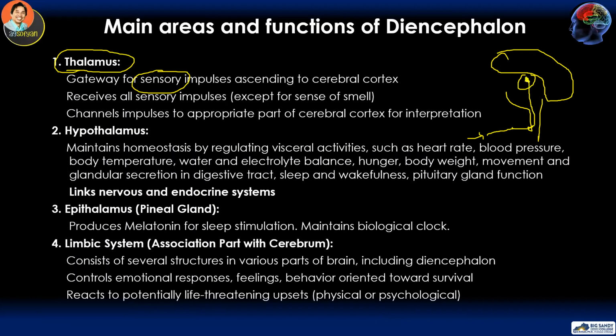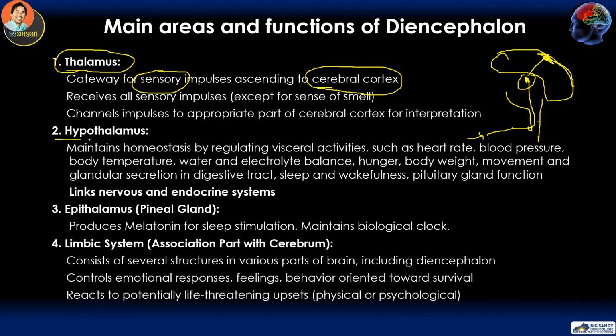So this is the relay station to sort any sensations that will go to the cerebral cortex. The pathway is receptor, spinal cord, thalamus, and then the cerebral cortex. Again, the thalamus functions mainly as a relay station for sensory information before it goes to the cerebral cortex.